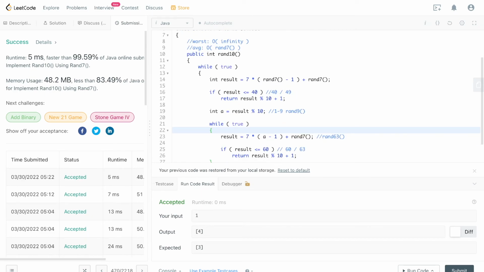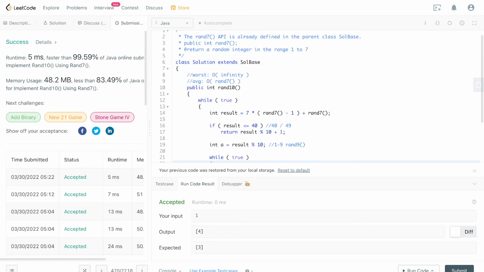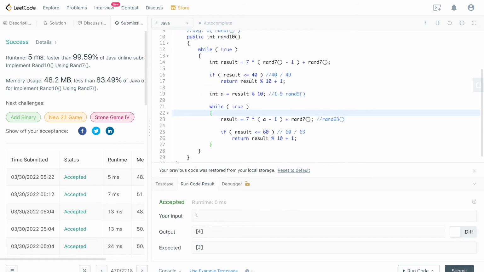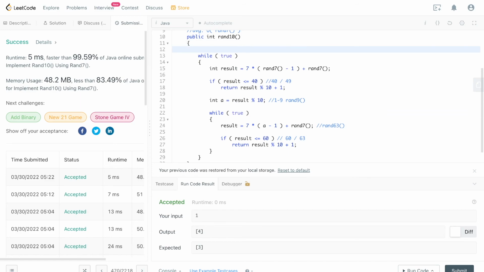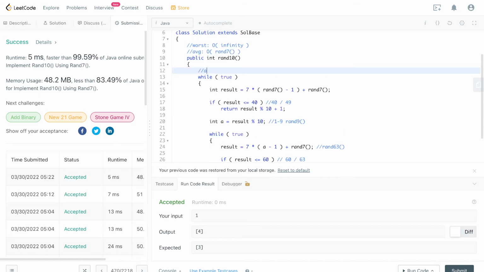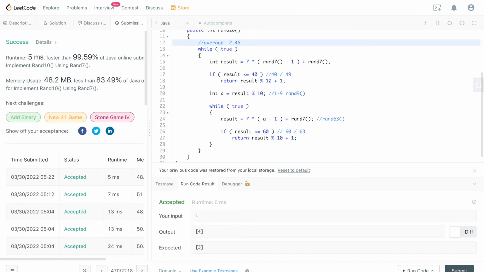Okay, I know I wanted to mention something. Oh, right. I did say earlier this would take an average of 2.45 calls. Well, now we actually reduced it. And I'm actually not familiar with geometric distribution math.